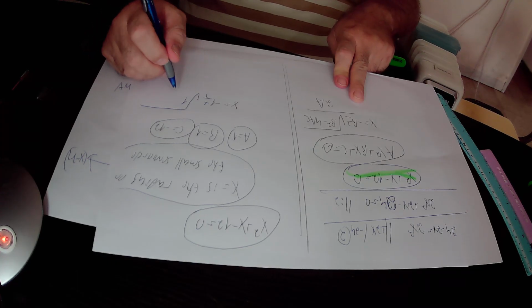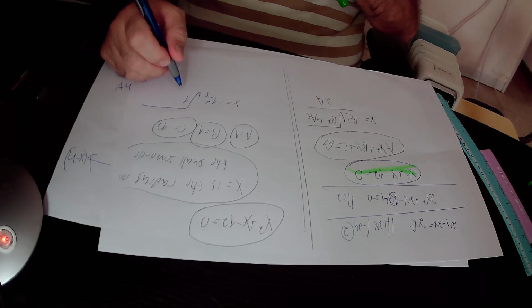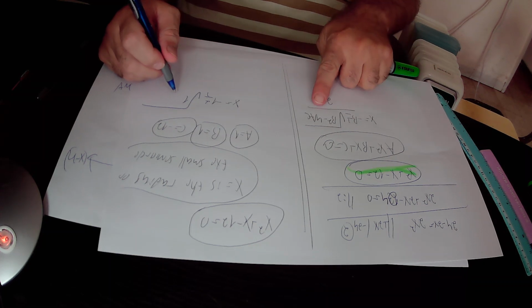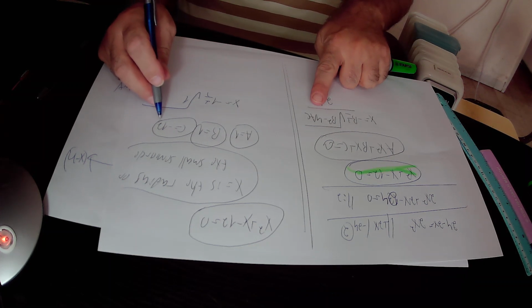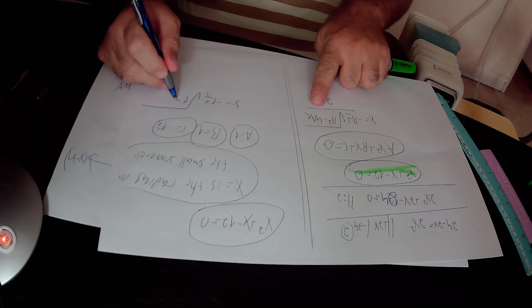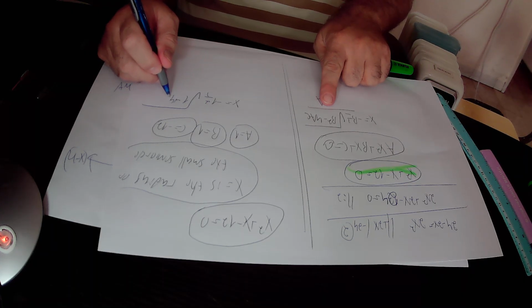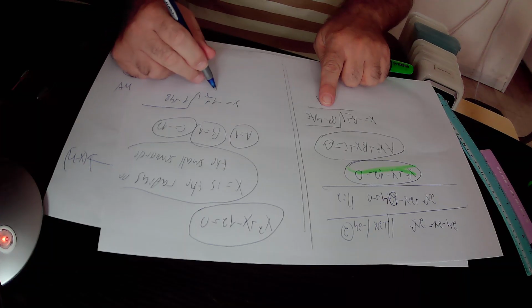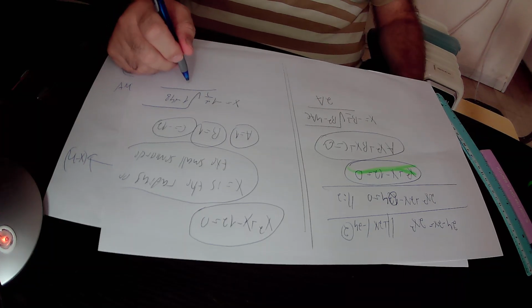Minus 4 times a times c: a is 1, so minus 4 times 1 is minus 4, times c. c is minus 12, and minus 4 times minus 12 is plus 48. So in total, minus 4ac equals plus 48, over 2a. a is 1, so 2a is 2 times 1, that is 2.